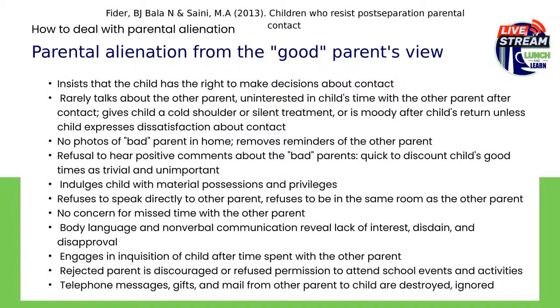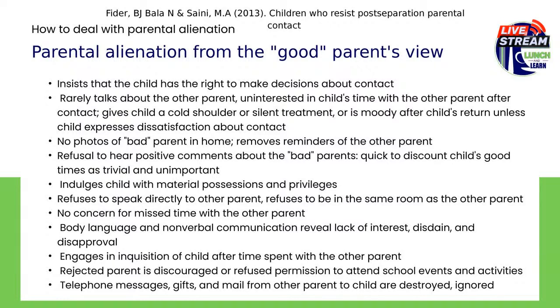And that is usually when the parent insists that the child has the right to make decisions about contact, specifically dealing now with visitation rights and care and contact, that the child is brought into the realm of adulthood, and it is expected that the child needs to make informed decisions as if they were an adult.